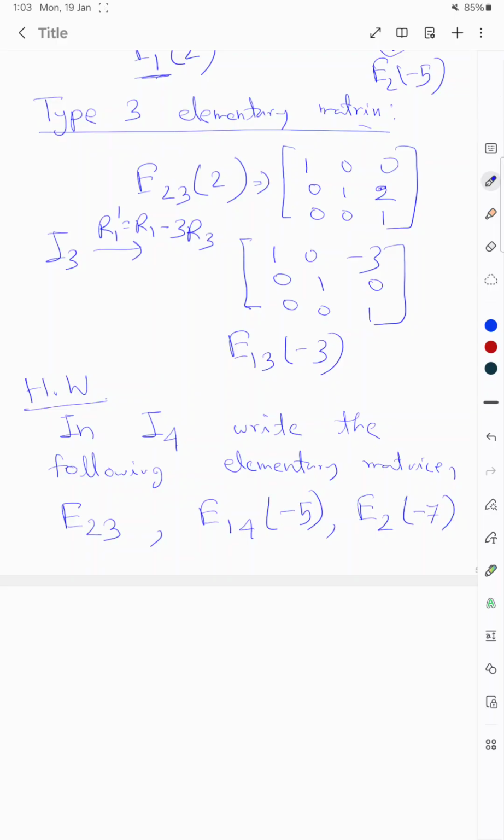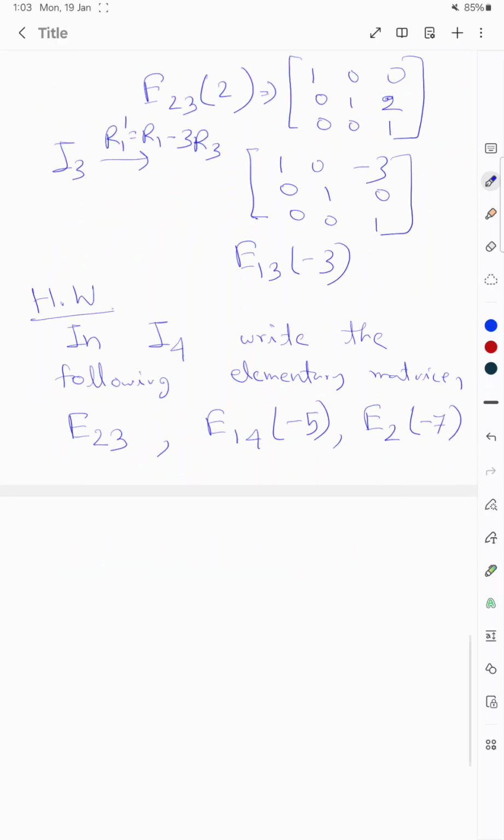Okay, so this is your elementary matrices. Basically why you are getting the same thing, later you will learn. If you multiply this elementary matrix on any matrix, you will get the same operation. Okay, for example, you know the matrix multiplication well. Suppose you have 1 2 3, 4 5 6, 7 8 9.